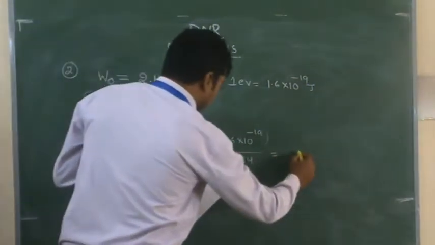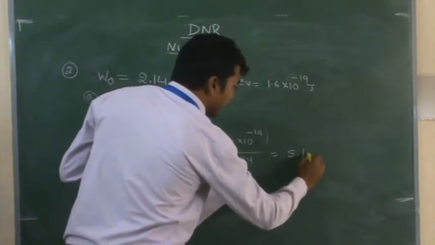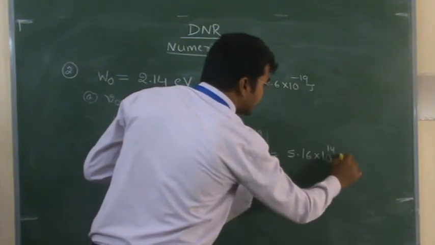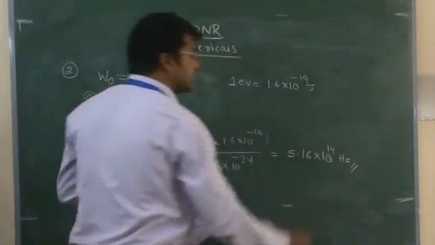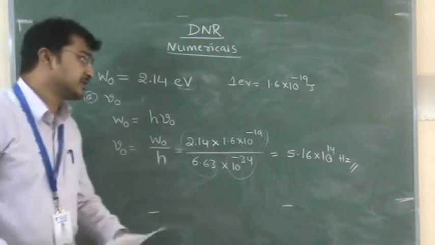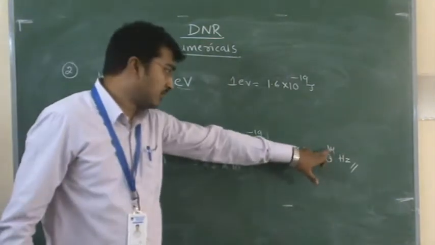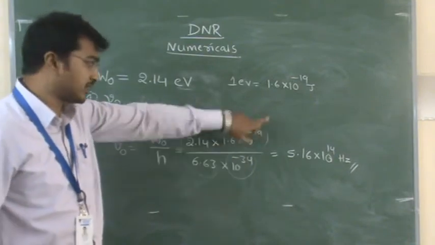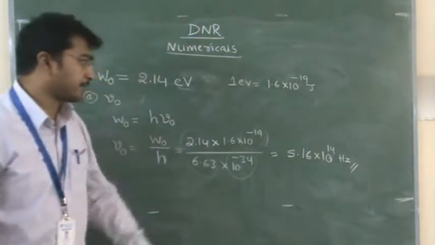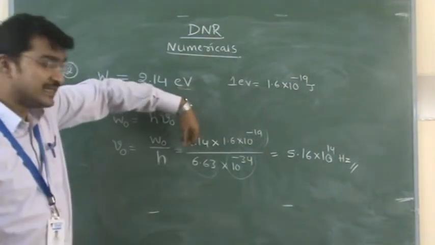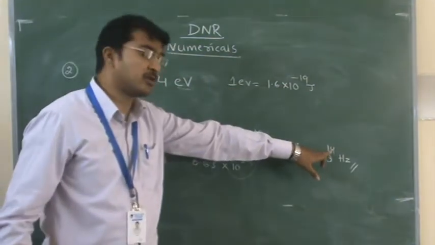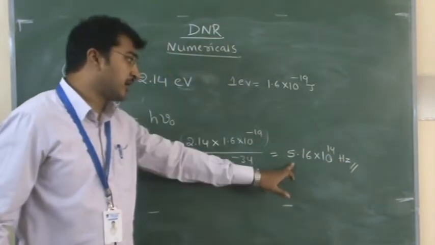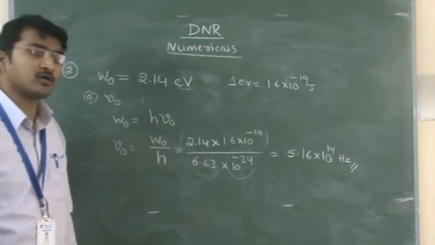The answer is 5.16 into 10 to the power of 14 hertz. Check the order: minus 19 and plus 34 gives 15 something, but you have to change it to the same order, 10 to the power of 14 hertz.